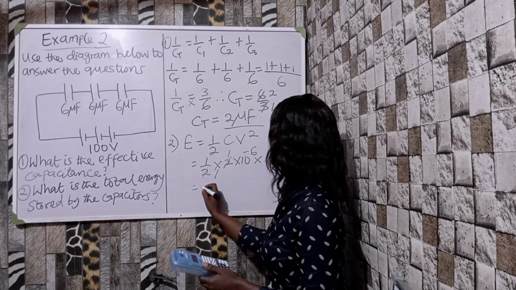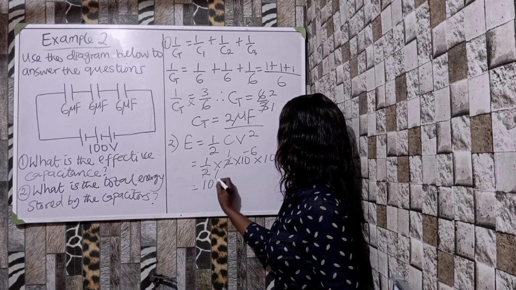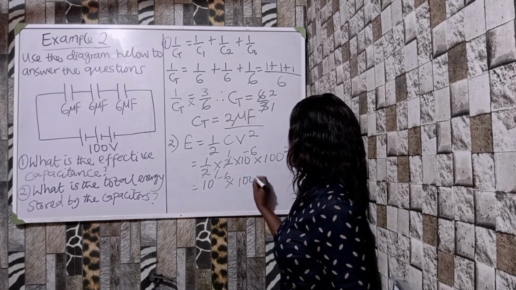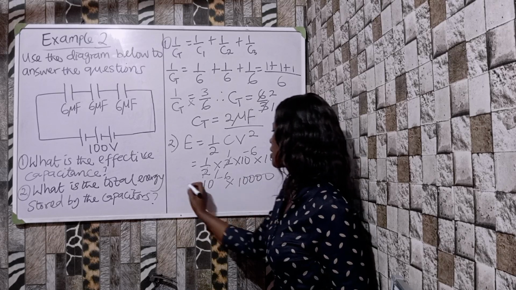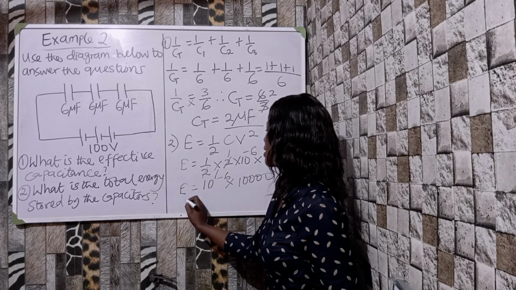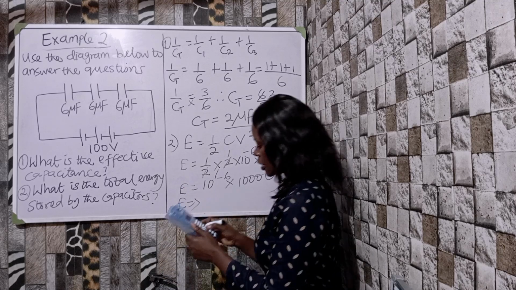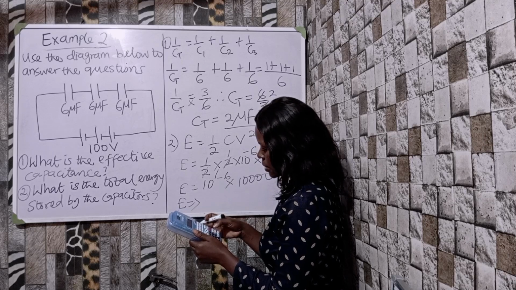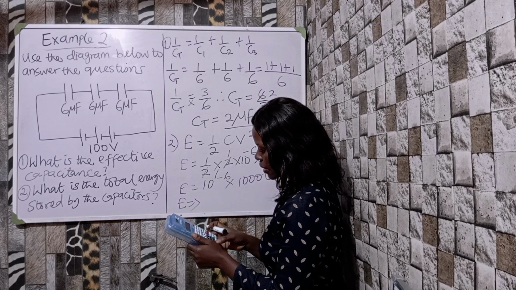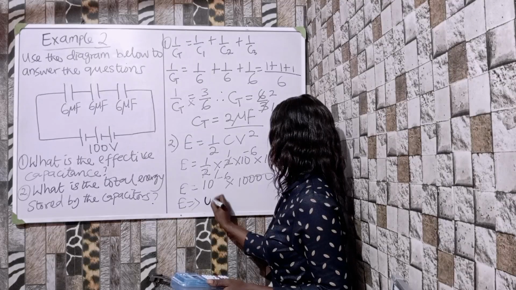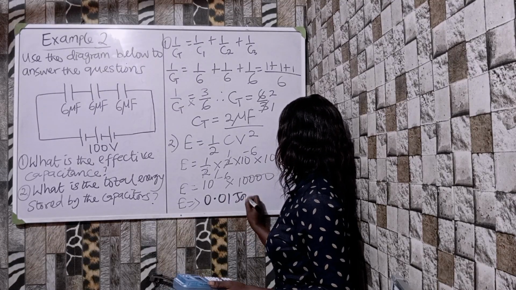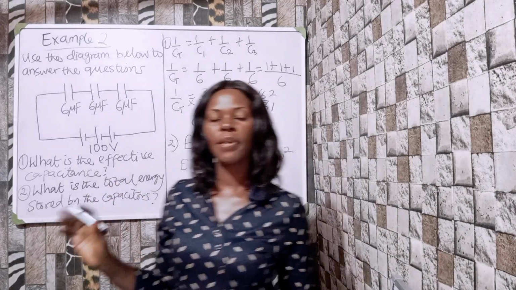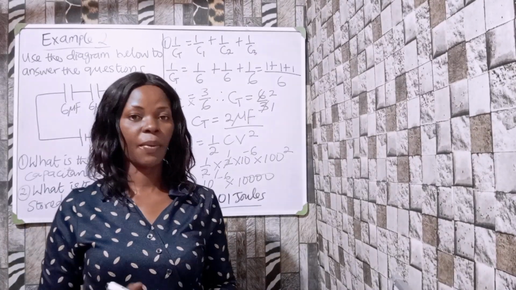So we are left with 10 to the power minus 6 times the square of 100, which is 10,000. By the time you multiply, I have 0.01 joules. So this is how we can solve problems involving energy stored in a capacitor.